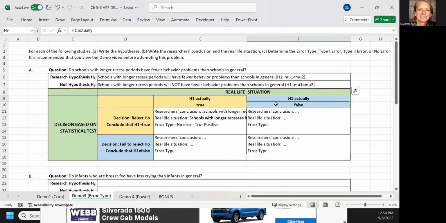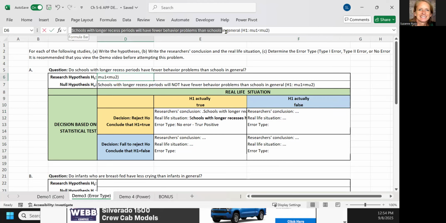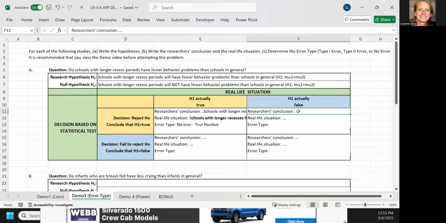All right, next one. If H1 is actually false, but the researchers reject H0 and conclude that it's true, we can certainly see that we have an error. So what do the researchers conclude? They conclude that H1 was true: schools with longer recess periods have fewer behavior problems. Let's copy this and put it right up here.